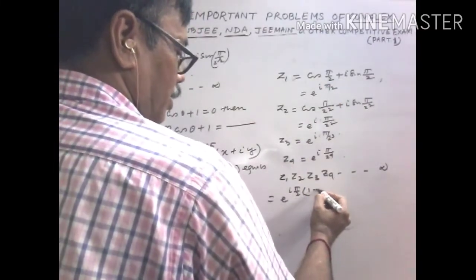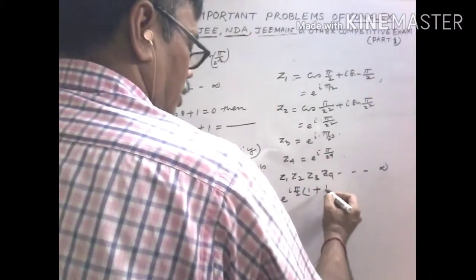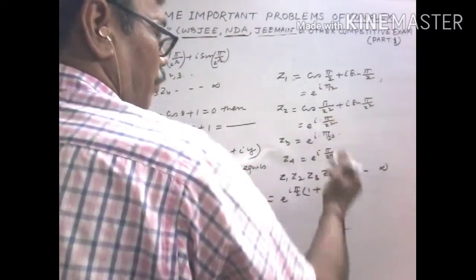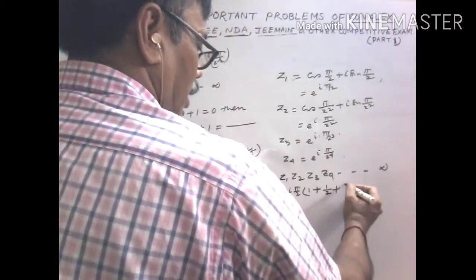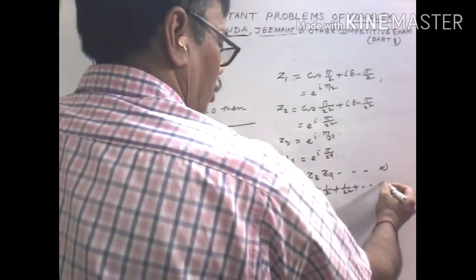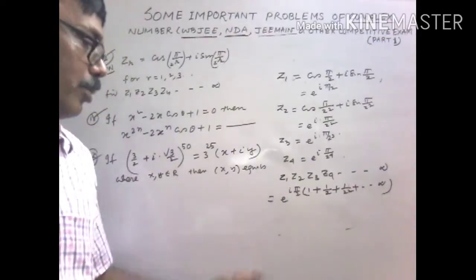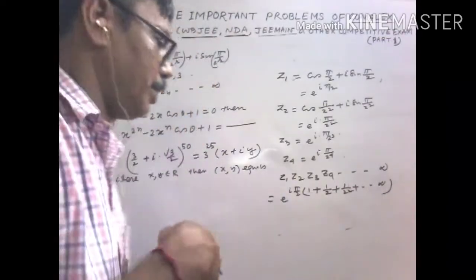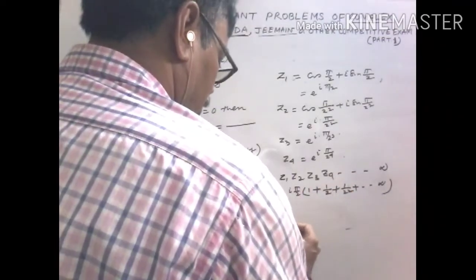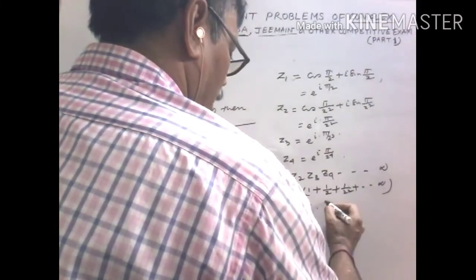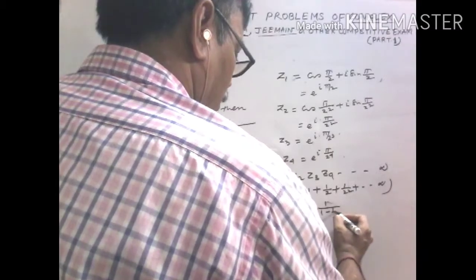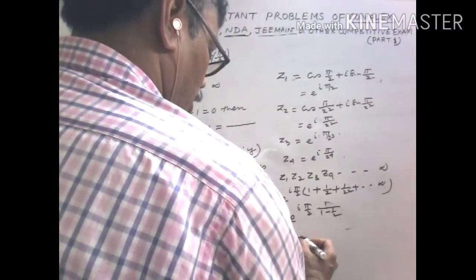By the rule of indices, this is 1, and pi by 2 common, so half, then half square, up to infinity. So this is the formula of an infinite GP series with common ratio half. So e to the power i into pi by 2, a by 1 minus r, 1 by 1 minus half.